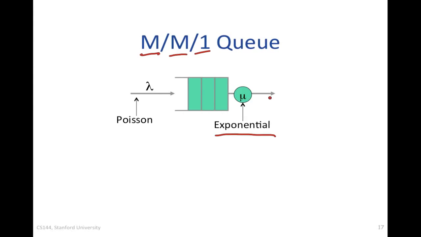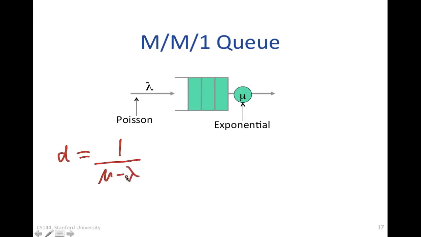This is very widely used because it assumes a nice simple Poisson arrival with independent arrivals from one packet to the next. But it's also used because the math is nice and simple and the result is very intuitive. If we analyze this using continuous time Markov chains, we will discover that the average delay of a packet going through this queue is given by the simple expression 1 over (mu minus lambda).